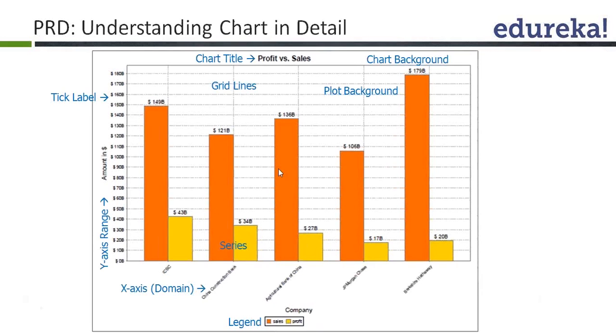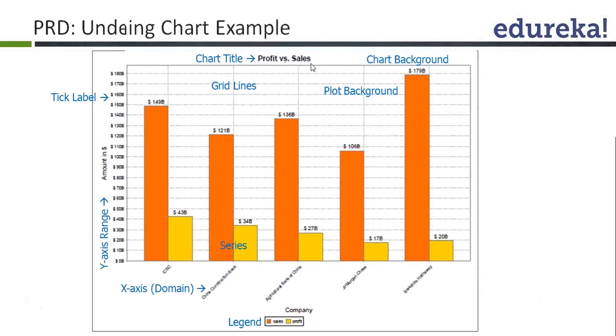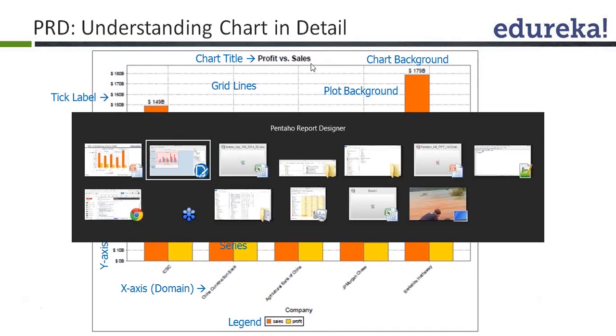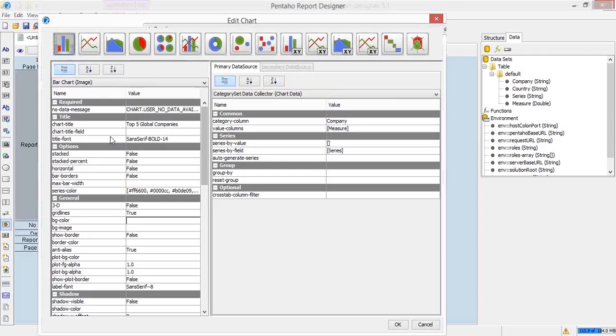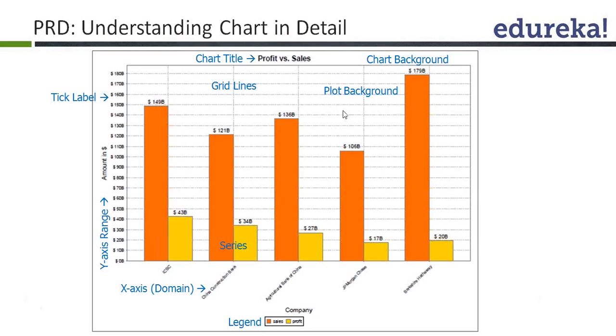Now these are the basic elements of any bar chart. This is profit versus sales. So this particular chart, as an outcome of the report, you can see profit versus sales, which is the chart title. In our illustration we have given the chart title top 5 companies, whereas in this slide it is profit versus sales.